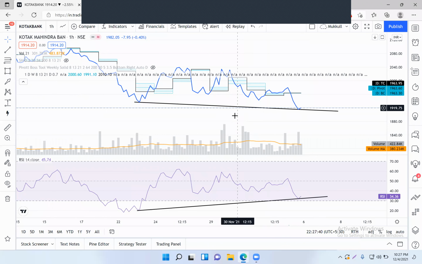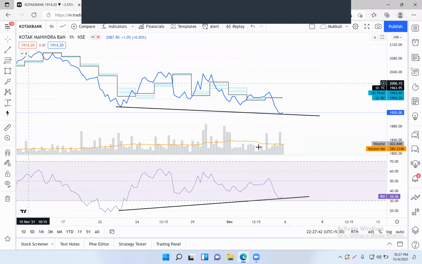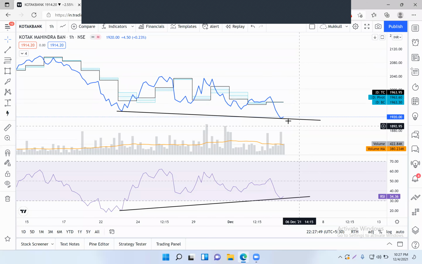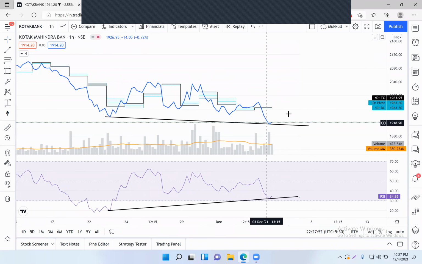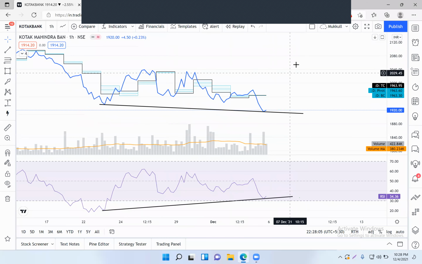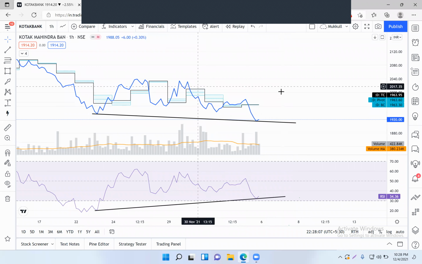So if this particular thing is protected and if you get a signal again, इसका perfect signal क्या होगा? Next day का तो CPR था, उसकी मतलब wait for the next day CPR to show its or give a buy signal and आप उसके बाद कोटक को buy कर सकते हो, ठीक है. So ये आप tracking पे रखिएगा and you can just see how it performs.